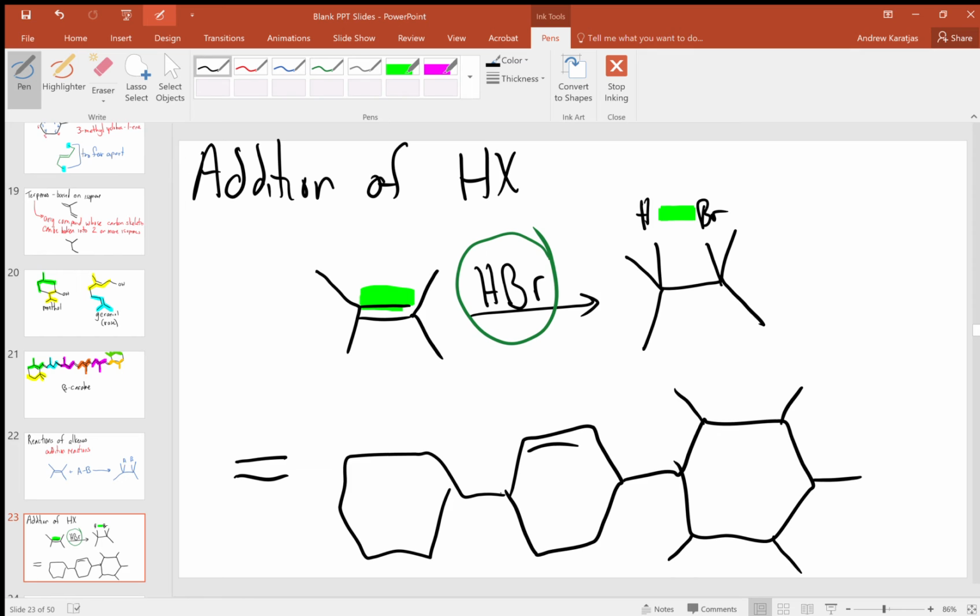The overall idea isn't going to change. It's the alkene, it's that functional group that's going to react. What happens to the rest of the molecule? Well, it's not affected. It just comes along for the ride.